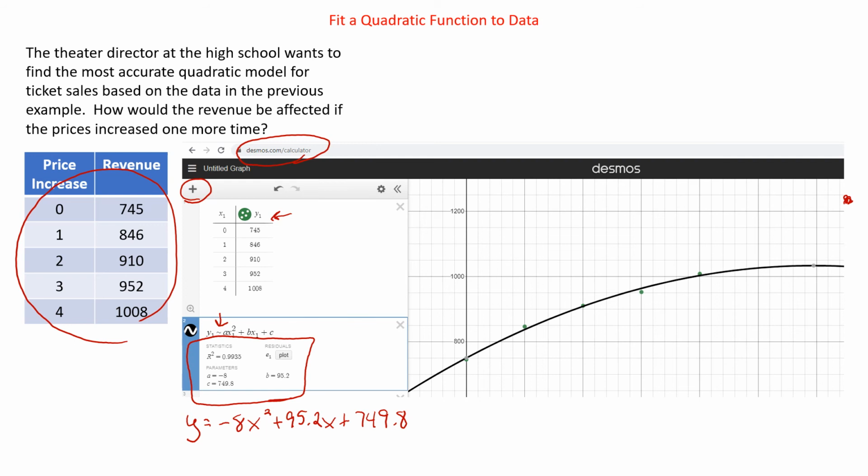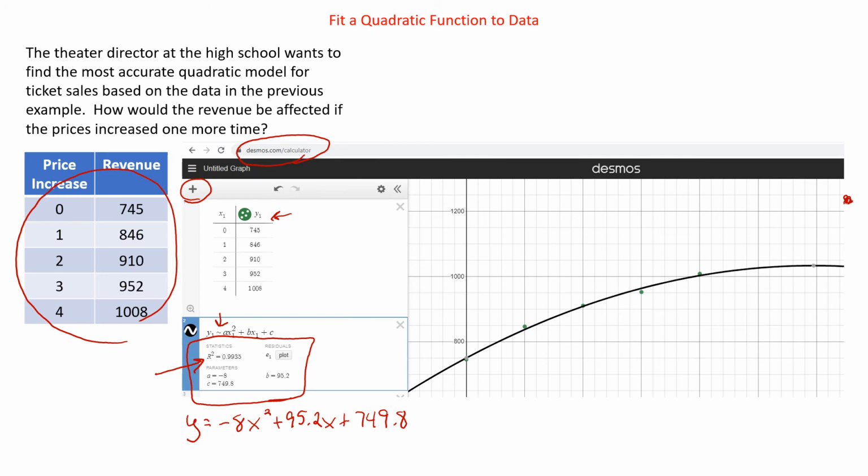That's the equation it gives us. Before we get to residuals, this r squared, the closer it is to 1, the better of a fit it is. This r squared is 0.9935. That means that this is a really good fit.